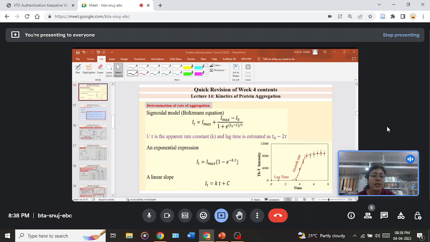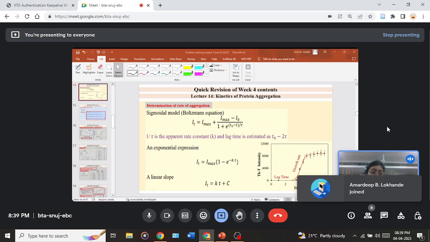If you plot a graph between ThT intensity versus time, you will get a sigmoidal curve. In this graph you can see from time 0 to 3 hours it is the lag time, then the slope which you are getting is the growth rate, and lastly you have the stationary phase.